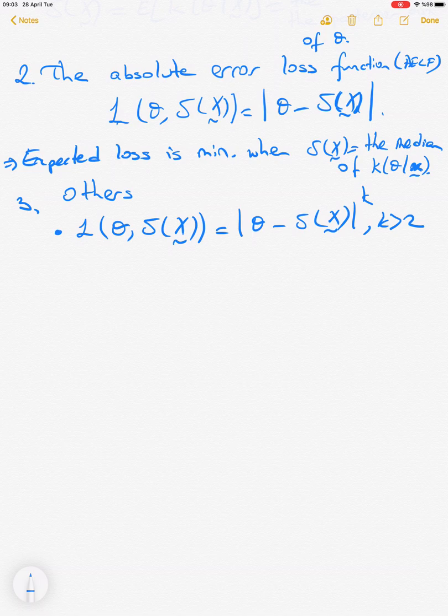Another one that I wrote here is the 0, 1 loss function based on the difference.